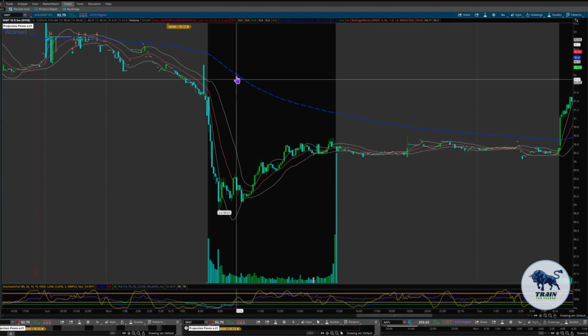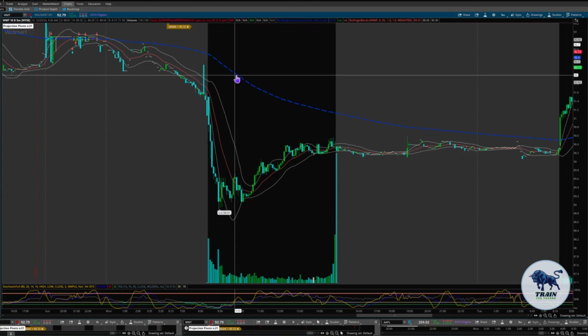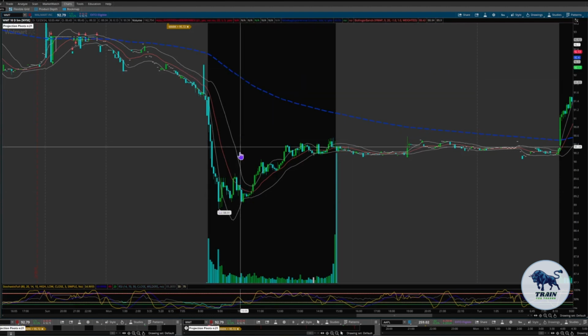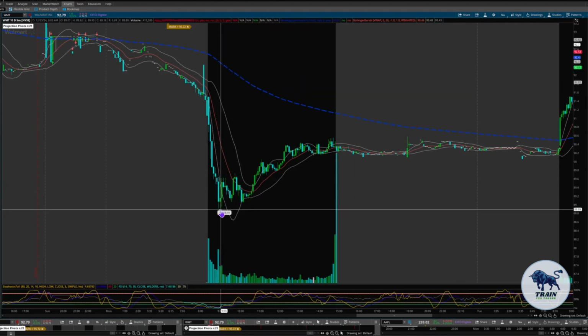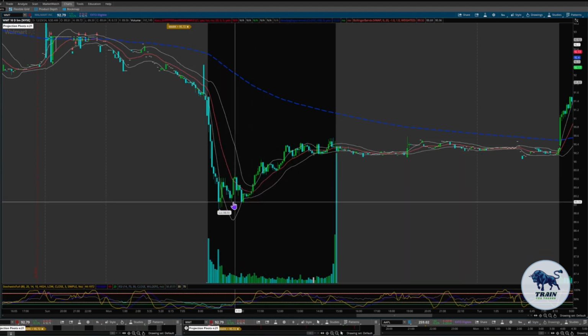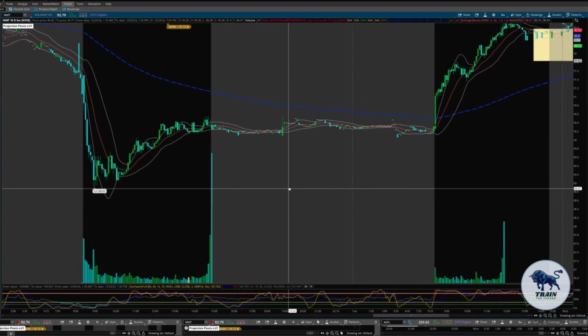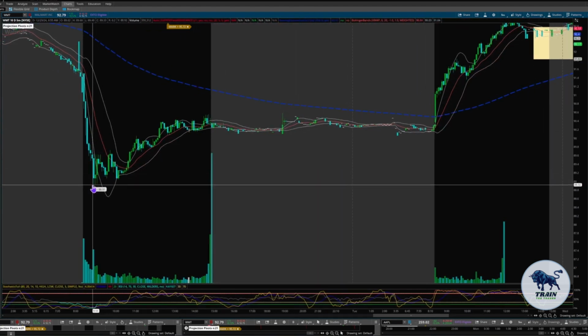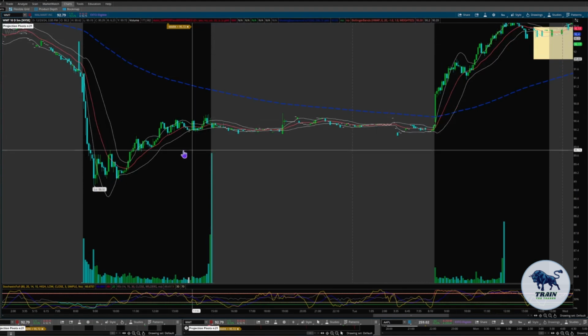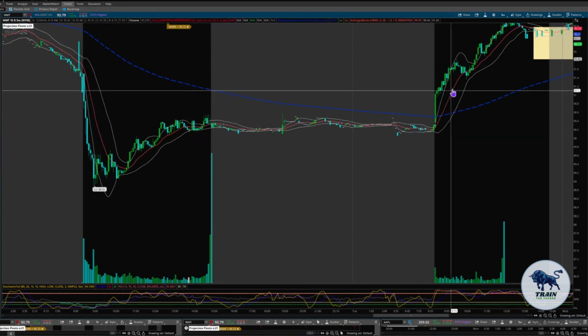So if something is originally, in this case, we'll call it $92 and it's currently $88, it's not much of a discount, but it's a discount, right? So by entering trades like this in calls, if it gets back to or above the 200, that's a very low risk winning trade. Very low risk.